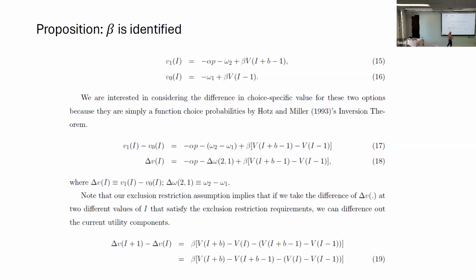Whatever your inventory level is, let's say you have one package, when you buy another package, then omega-2 captures the storage cost of 2 units. And then you consume 1 unit. So when you move to the next period, the state variable becomes I plus B minus 1. That's because you add one package of B units to your inventory, so I plus B, but then you also consume 1 unit. That's why you get I plus B minus 1.